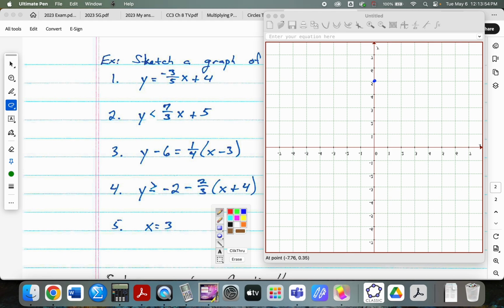So down 7 to the left 3. Now, I have a couple of points, but before I start drawing the line, I notice that this is strictly less than. There is no equal to underneath it. So what that means is it's not the line. It's everything up until the line.